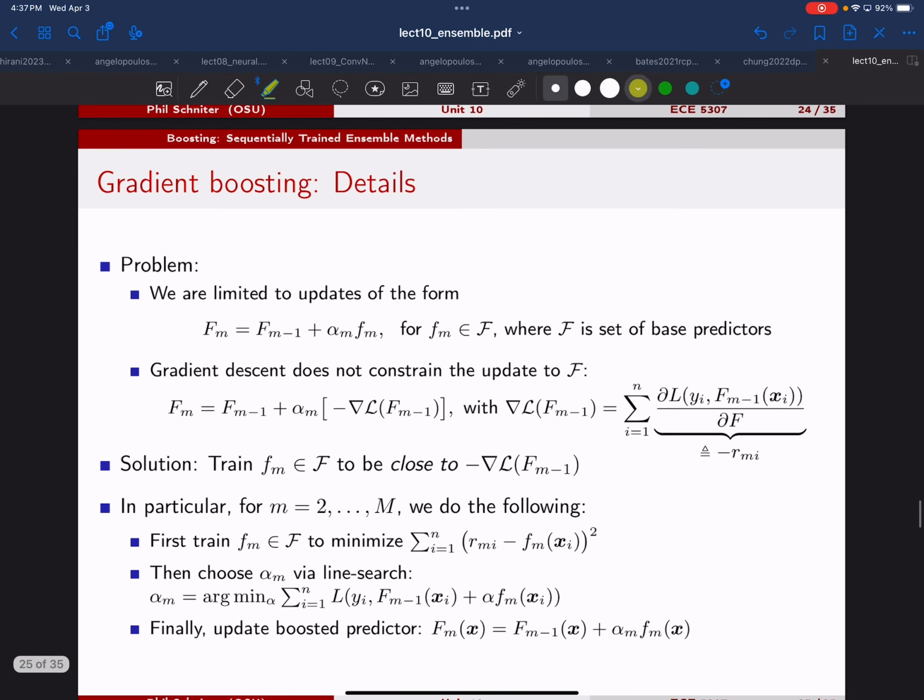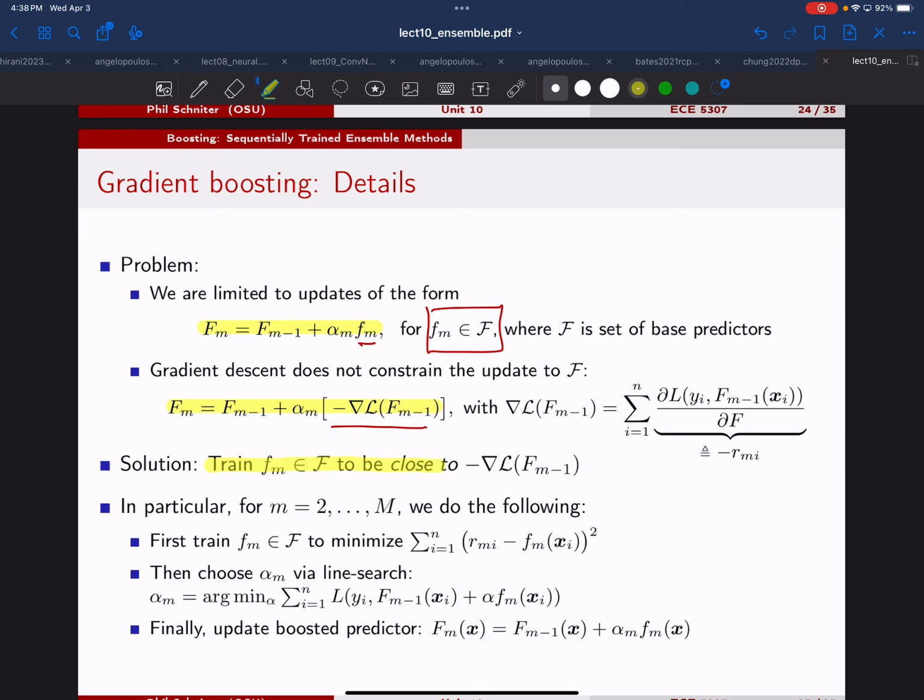Okay, so here's what I just said. This is what we want. This is what we have. Notice the discrepancy between this and this, where this needs to be in the model class. This part may not be in the model class. So the solution to this is don't do the exact gradient descent.